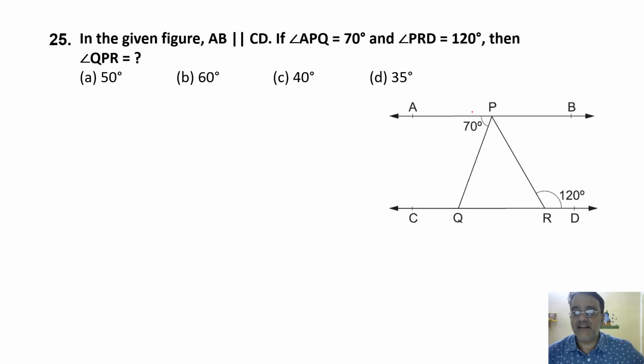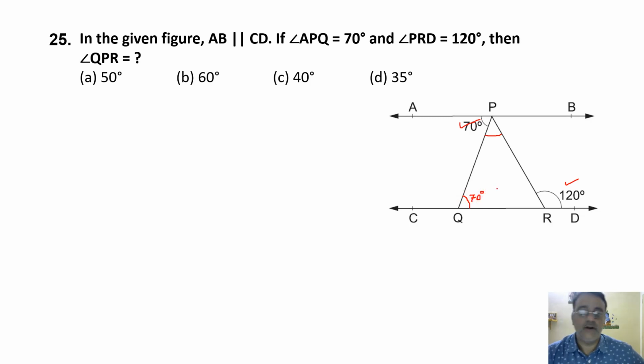In the given figure, AB is parallel to CD and angle APQ is given 70 degree and angle PRD is given 120 degree. Then angle QPR, this angle we have to find. Okay. Now, if this angle is given 70 degree, so this angle is also 70 degree, this one. Why?